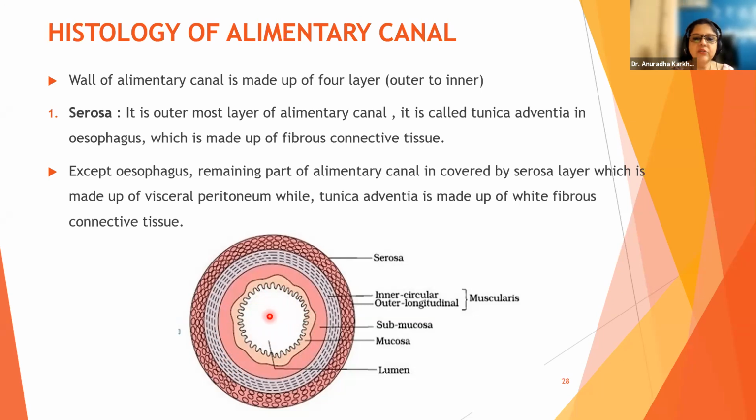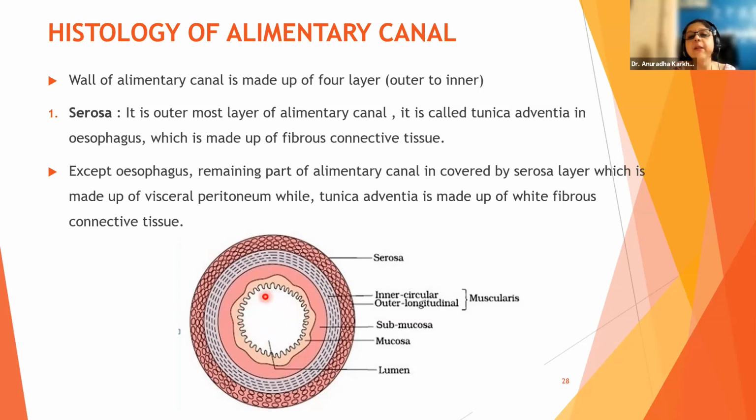Fine, you understood? So whatever food is taken in, digested, absorbed, wherever the food is going to pass through, this food will be passing through this cavity, which is called the lumen. Is it fine? What's your doubt, beta? Yes, it's going to be present at the center.